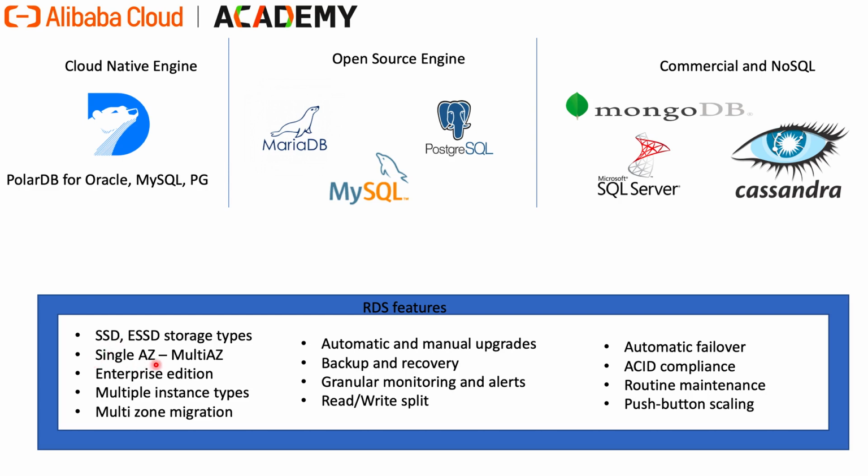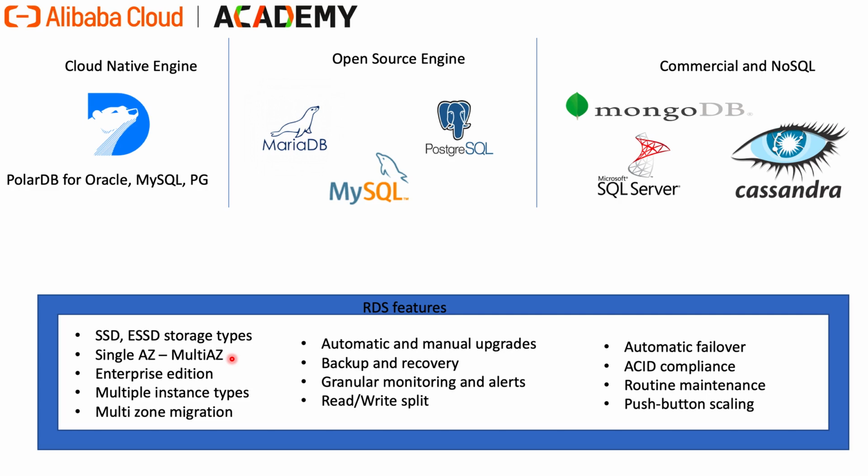Then we have single AZ and multi-AZ. In Alibaba RDS MySQL, whenever you launch an instance with high availability, you have two options: single AZ and multi-AZ. What I mean by that is, whenever you launch a high availability instance, your primary node and your standby node, or hidden node, will reside in the same availability zone.